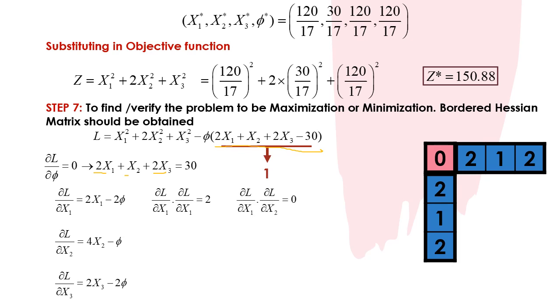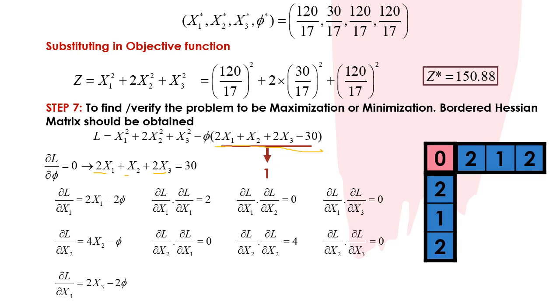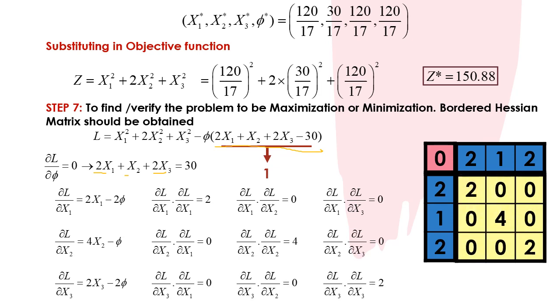I will get 2 and the others will be zeros because I don't have x2 or x3 terms. Similarly here, the first one will be 0, second will be 4, third is 0, and the last one will have a value of 2. So my values will be 2, 0, 0, 0, 4, 0 and 0, 0, 2. So here I got my bordered Hessian matrix.